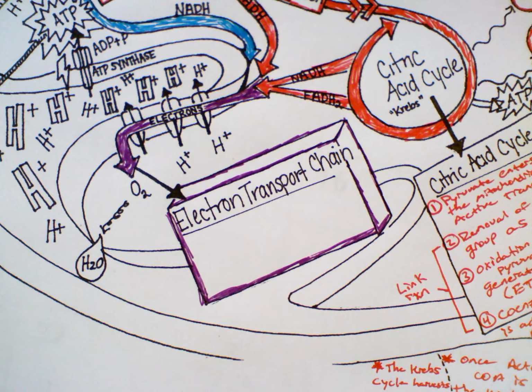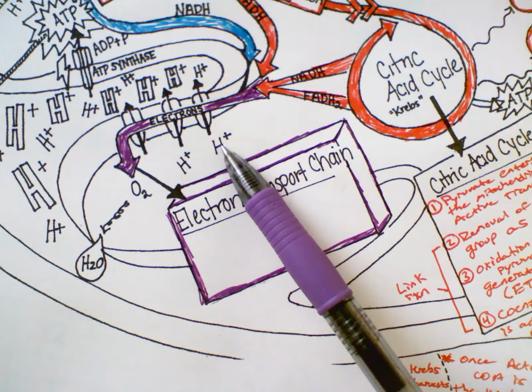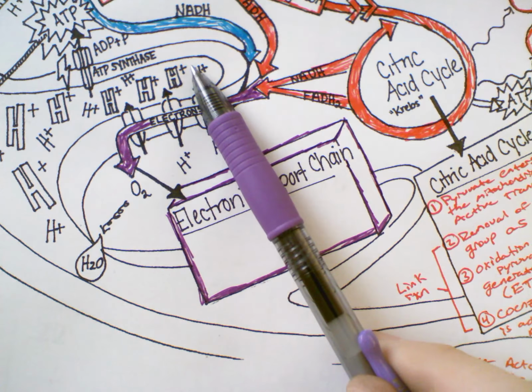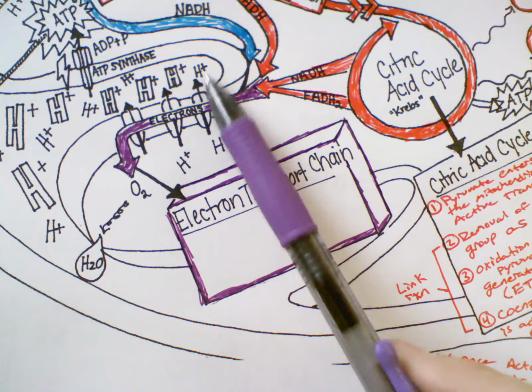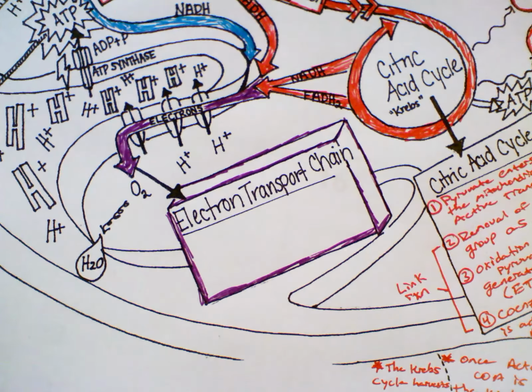That energy is used to push hydrogen ions to the other side of the inner membrane of the mitochondria. This sets up a concentration gradient of hydrogen ions that we can use to do something. That process is called chemiosmosis.